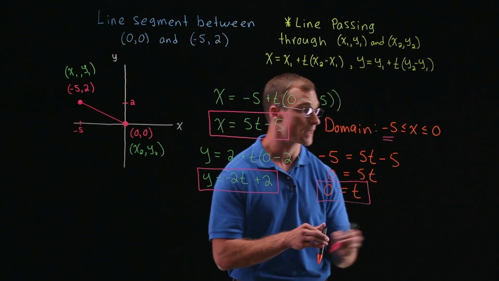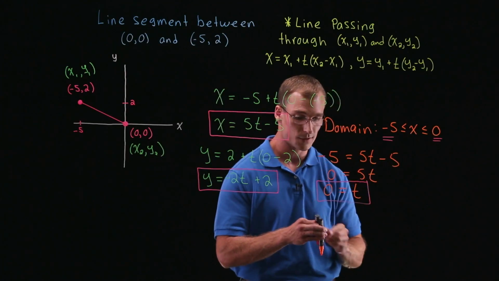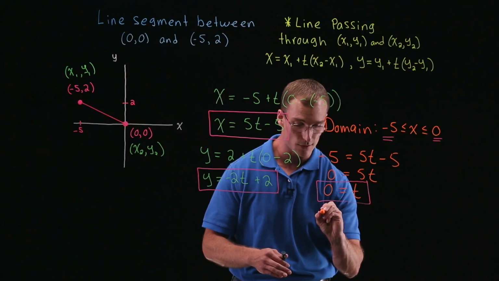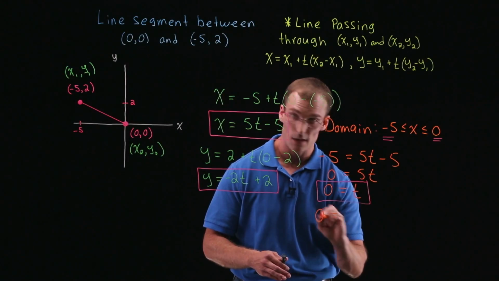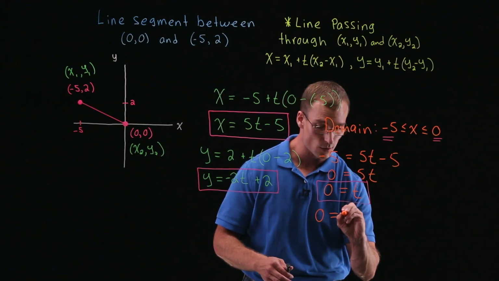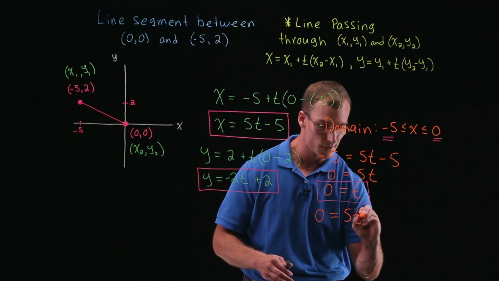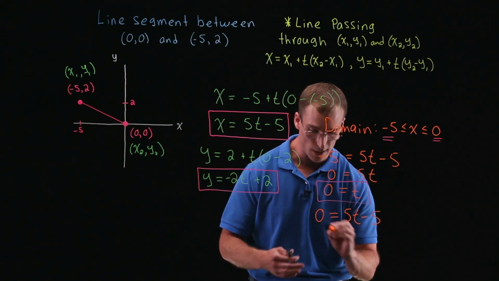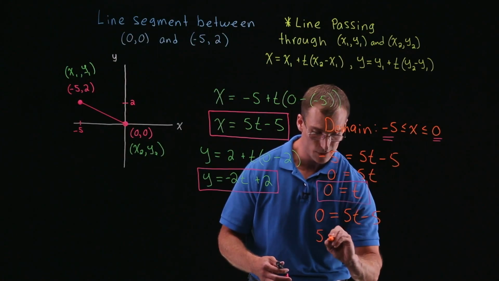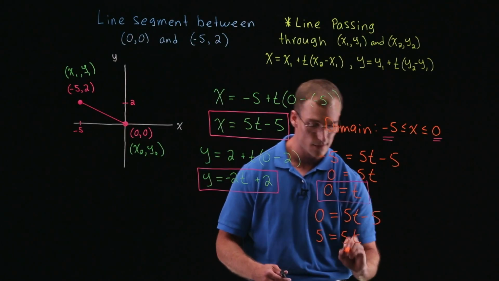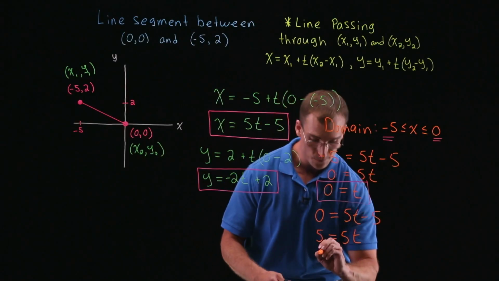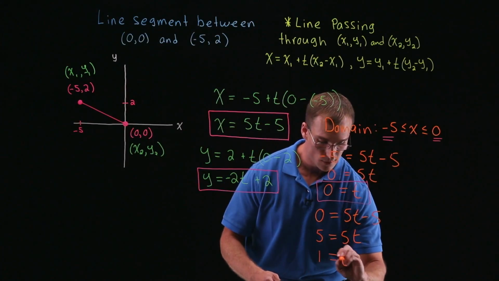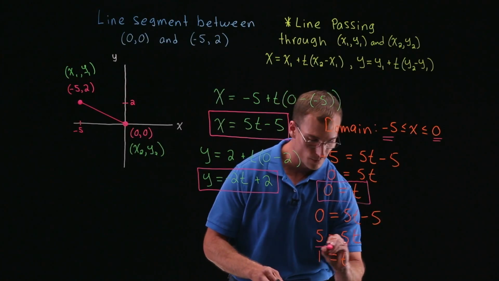Then we're just going to do the same thing for x equal to 0. So when x is equal to 0, using our parametric equation, 0 equals 5t minus 5, and we want to solve for t. Adding 5 to both sides, we get 5 equals 5t, and dividing through by 5 gives us t equal to 1.